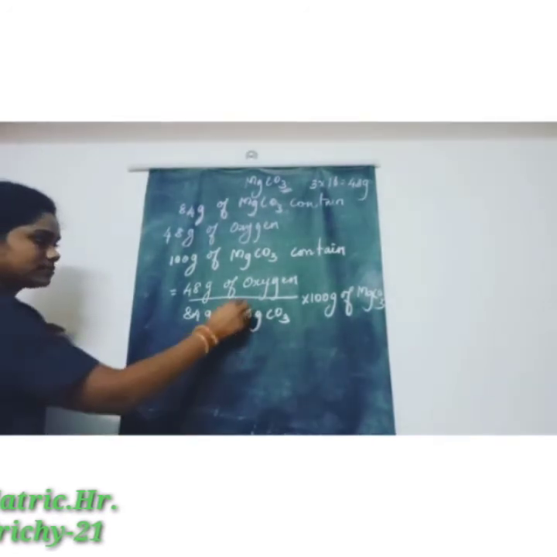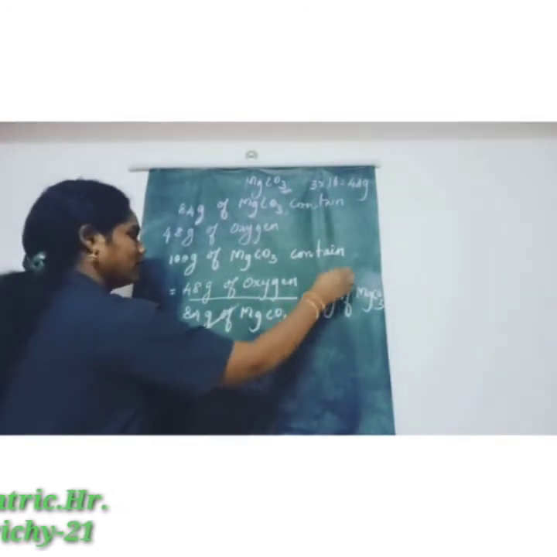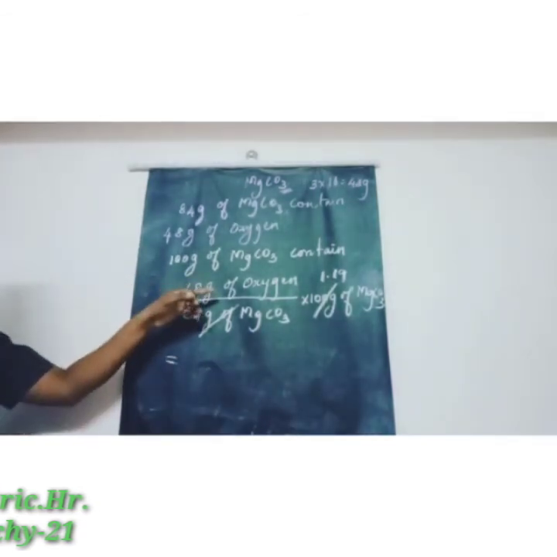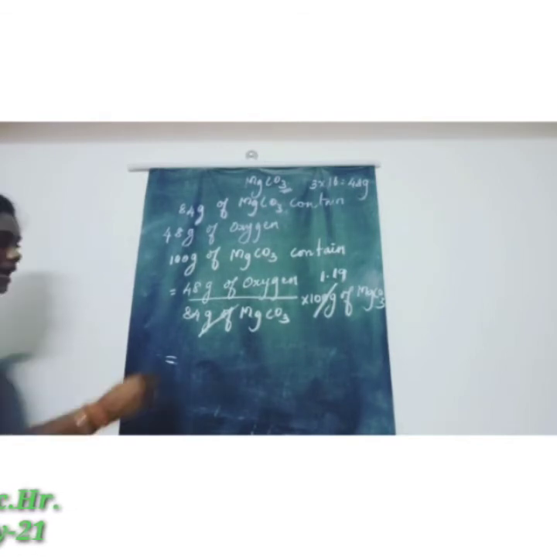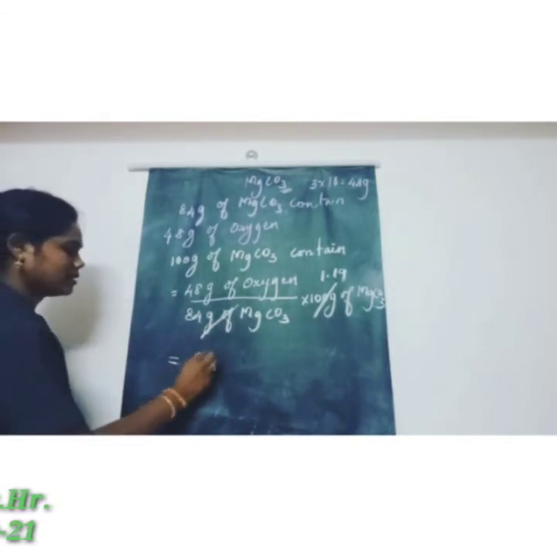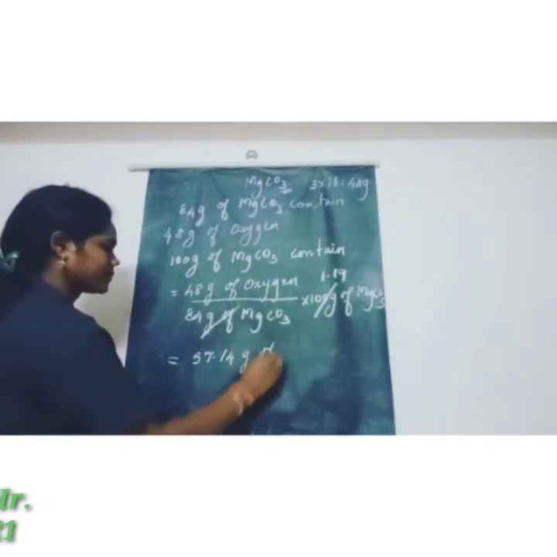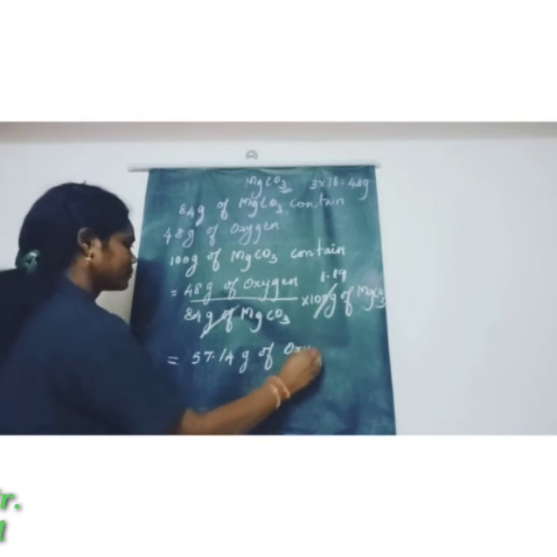Cancelling, here 1.19. So multiply 48 gram of oxygen into 1.19, we get 57.14 gram of oxygen.